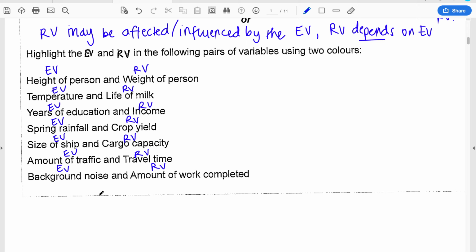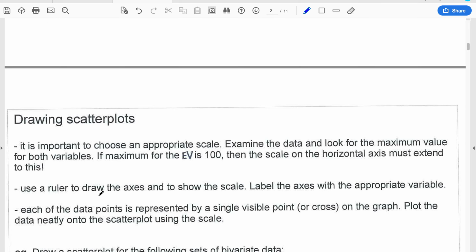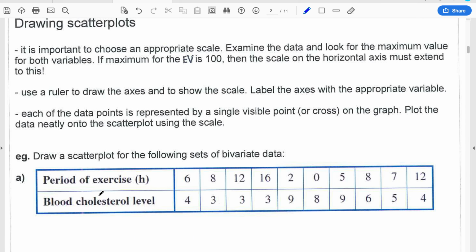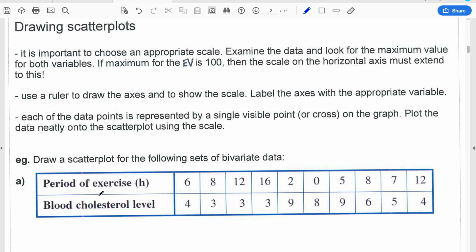Once you've established your EV and your RV, so which is which, sometimes you're even told that, so don't stress too much. When some of them are a little bit challenging, you tend to be told. We then want to draw a scatter plot. So the most important thing with a scatter plot is to choose an appropriate scale. So if you're looking at your data and you can see what the maximum value is on that data, it's a good starting point.